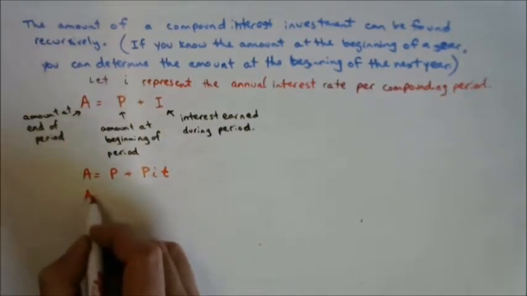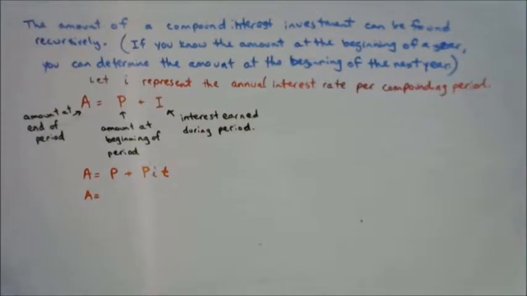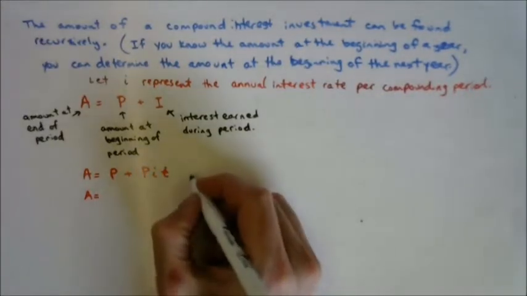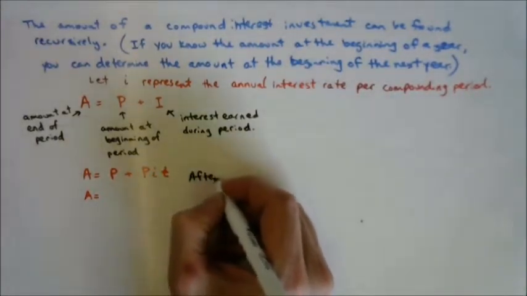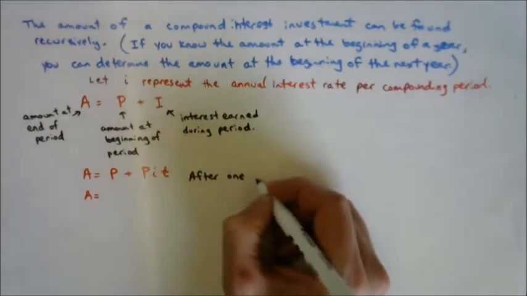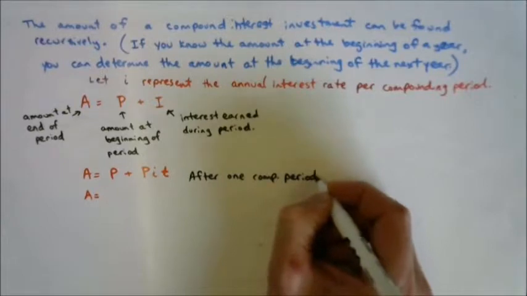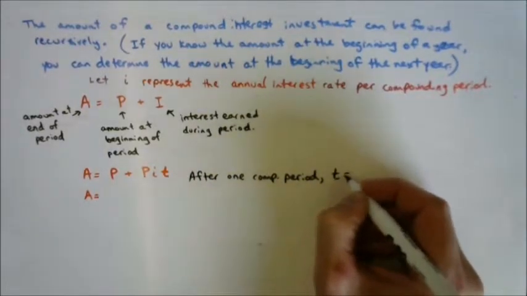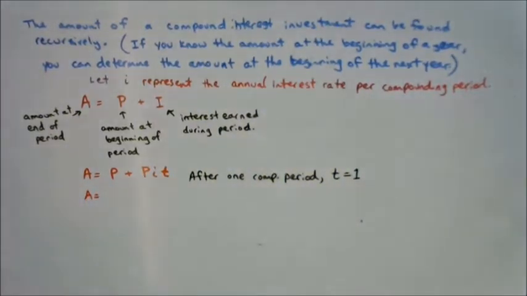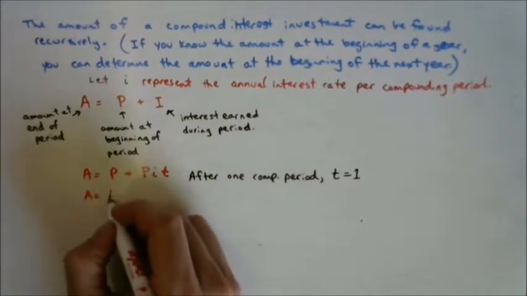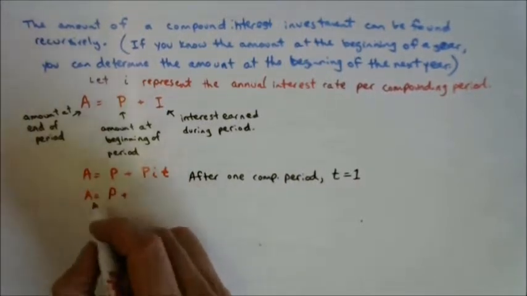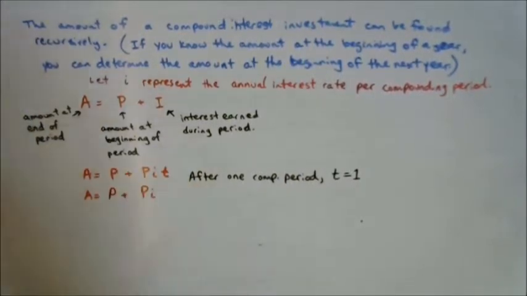Okay, so now look. After one compound period, t equals 1. Well, anything times 1 is just itself. So we're left with A equals P plus Pi.